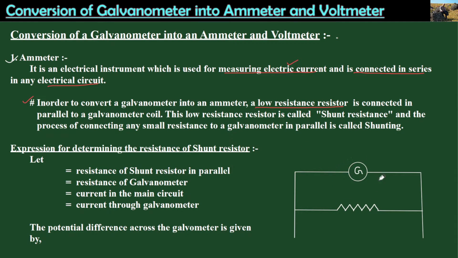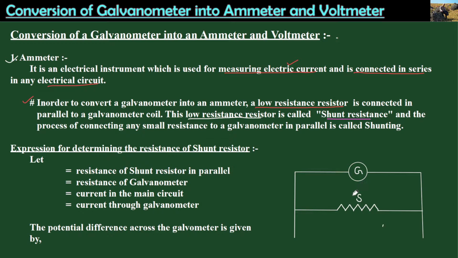That means in this case, if I have a connection in this form, let this low resistance resistor be connected in parallel to this galvanometer. This low resistance resistor which is connected in parallel to the galvanometer, this is what we define as the shunt resistance.